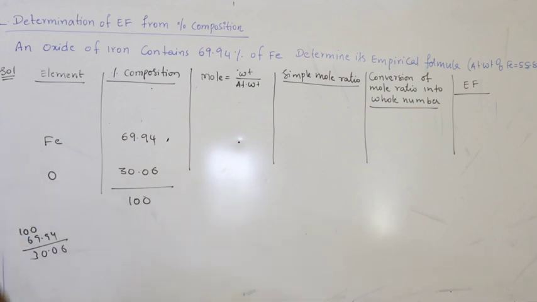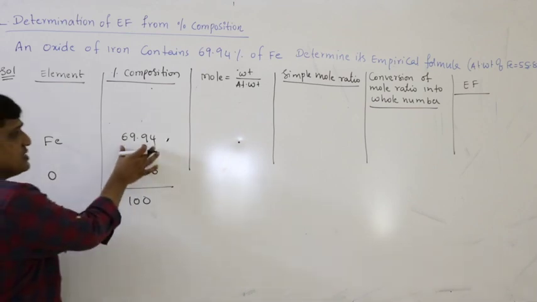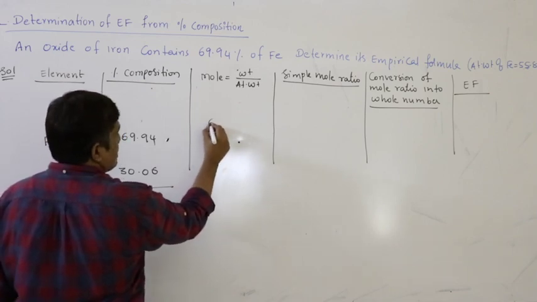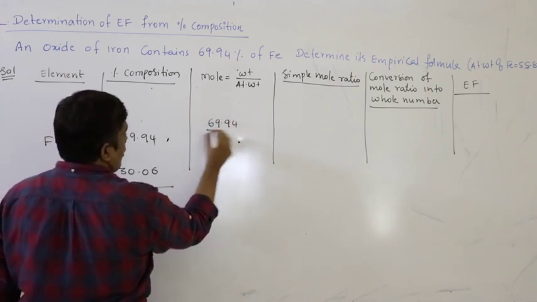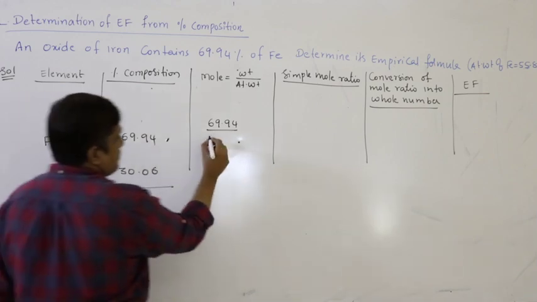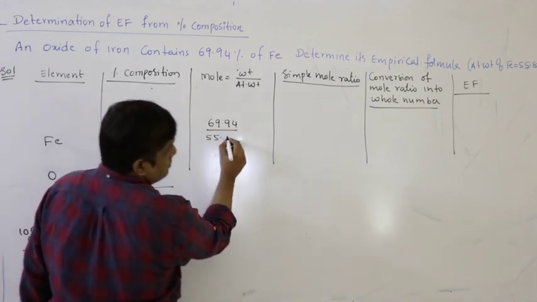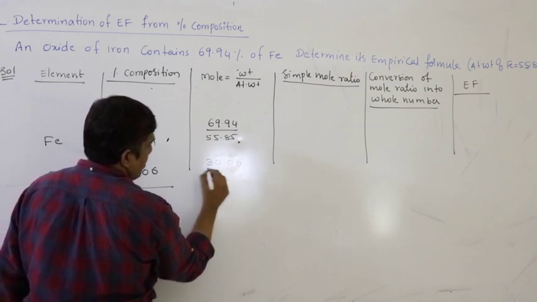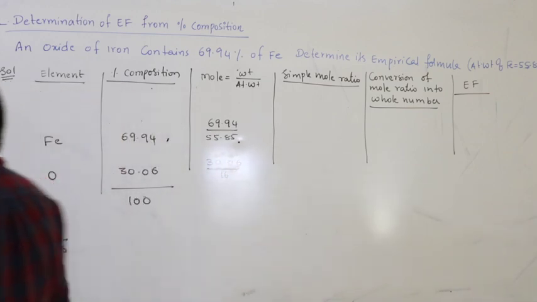Next, convert this into moles. How to convert? Divide this mass by atomic weight. So 69.94 by the atomic weight of iron, that is 55.85, and this is 30.06 by 16.